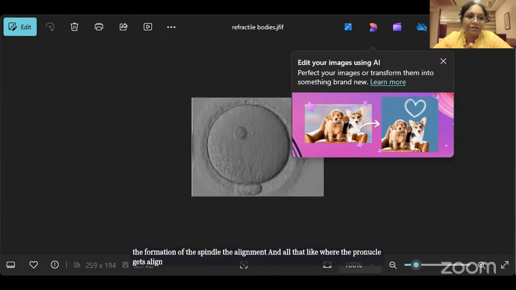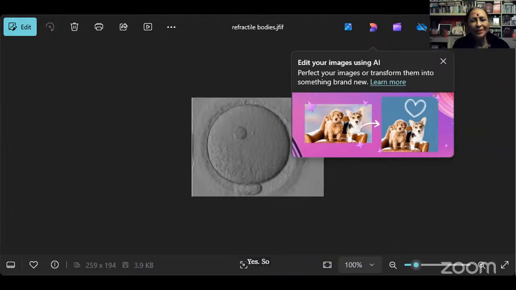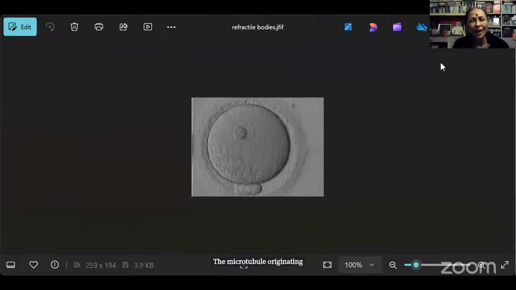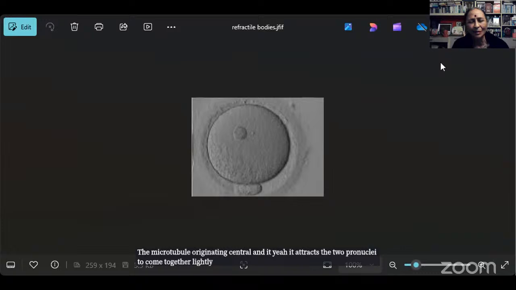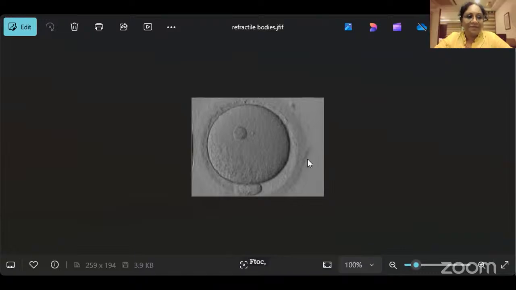Like centrosome, actually, the pronuclei are brought together close to each other. It's because of the centrosome, the centriole. It forms the MTOC, the microtubule organizing center. And it attracts the two pronuclei to come together, rightly said Sujata. Yes, the formation of MTOC.